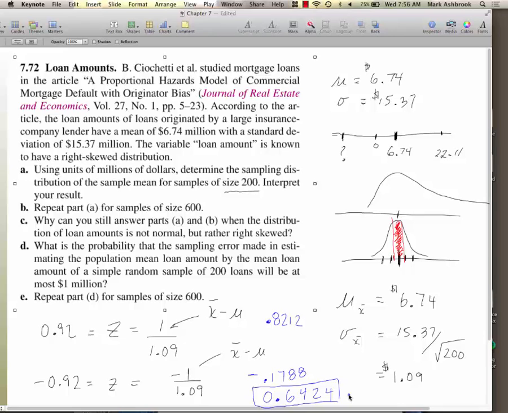That's what we're saying. The probability that the sampling error is less than 1 million is 0.6424. Okay, questions? Does it make sense?